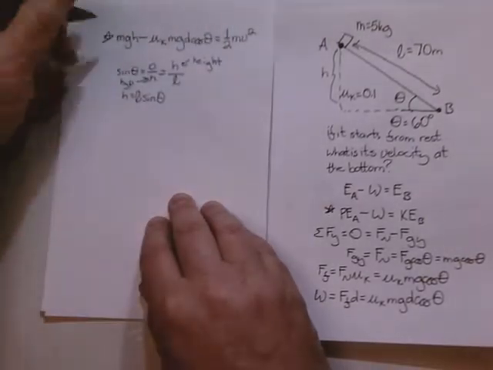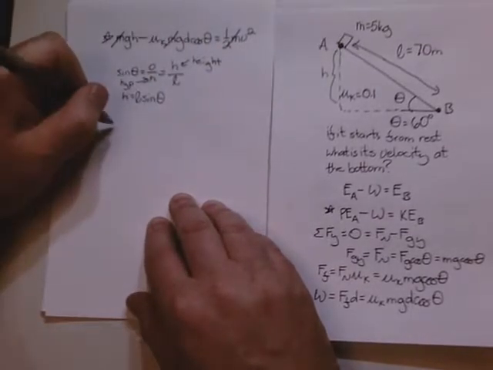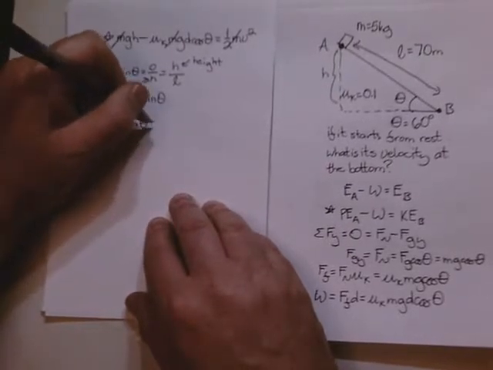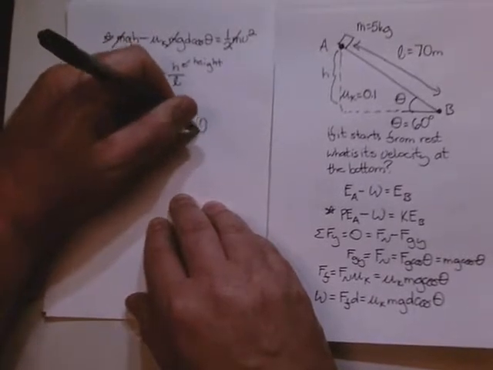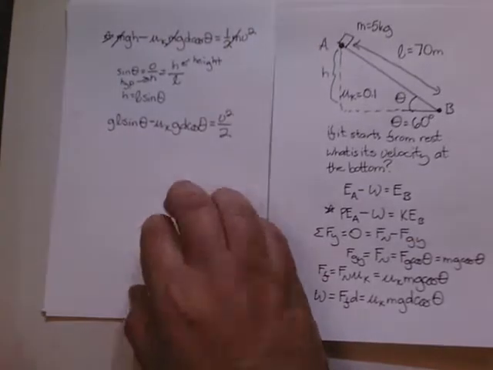So in this equation here, the m's cancel. And I'm left with gL sine theta minus mu sub k gd cosine theta equals v squared over 2.